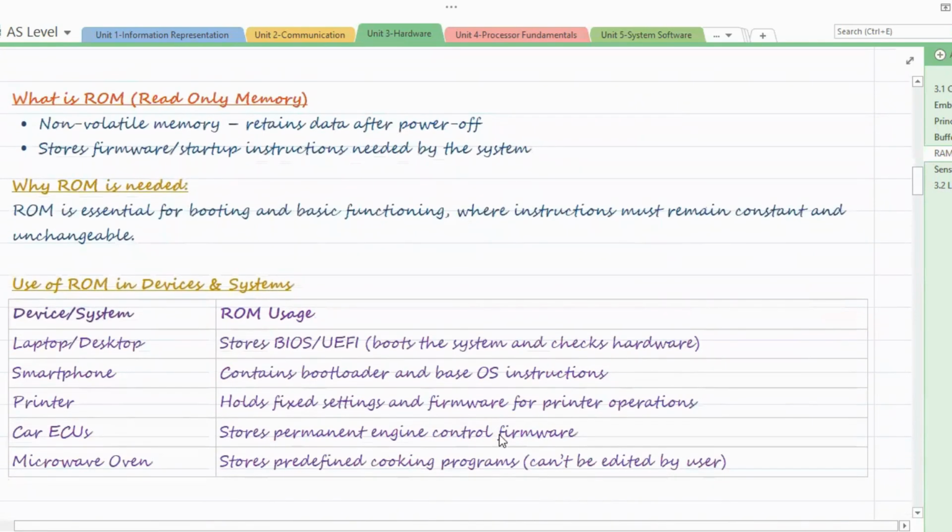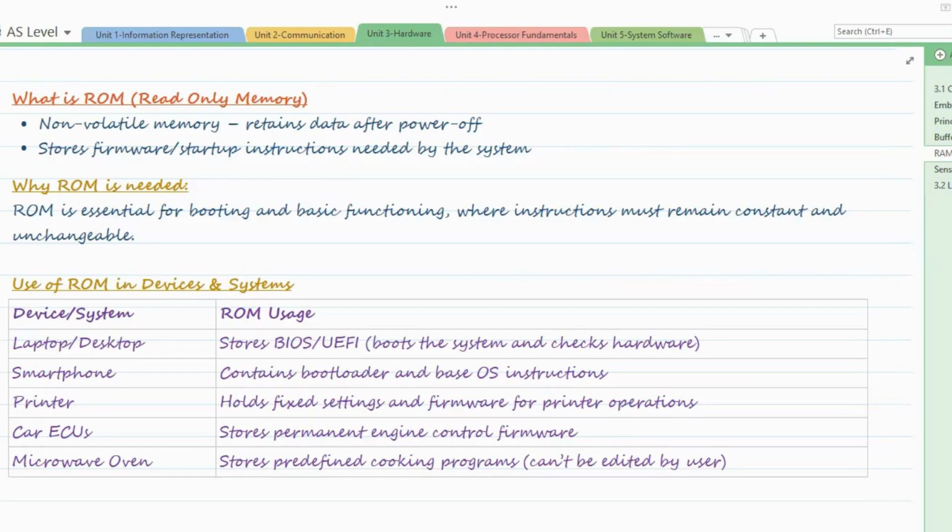Now let's talk about ROM. ROM stands for read-only memory. Unlike RAM, ROM is non-volatile. This means that data remains stored even when power is switched off. ROM stores permanent instructions required for starting and operating the computer.